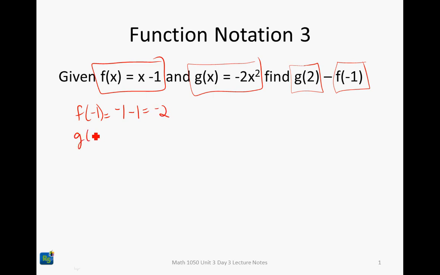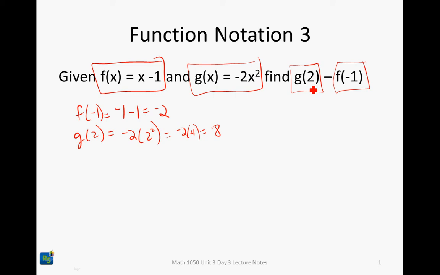Now I'm going to find g at 2, and that means substitute 2 in for the value of x in the g function. So negative 2 times 2 squared, that's going to be negative 2 times 4, so that's negative 8. So that's the value of g at 2.